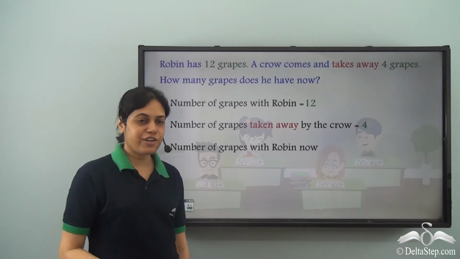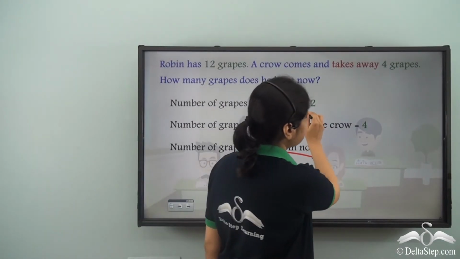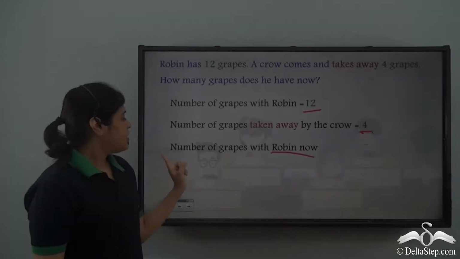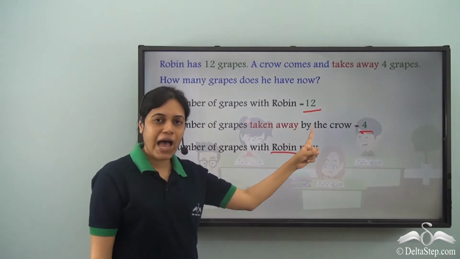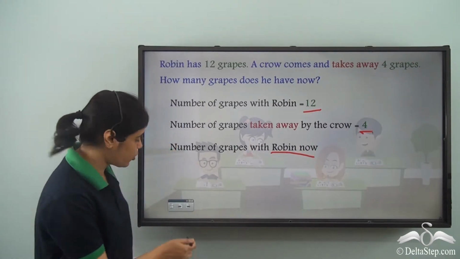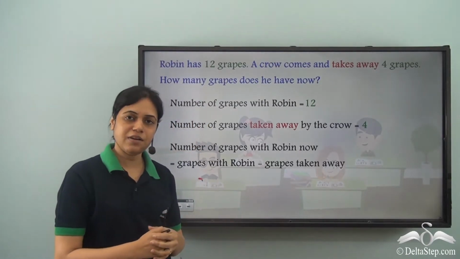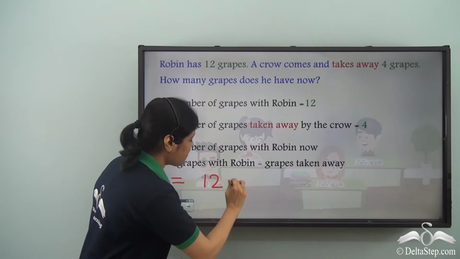So the number of grapes with Robin now is what we get by subtracting 4 from 12. That is, number of grapes with Robin now is number of grapes which he had minus the number of grapes taken away by the crow. So grapes with Robin minus grapes taken away, which is equal to 12 minus 4.